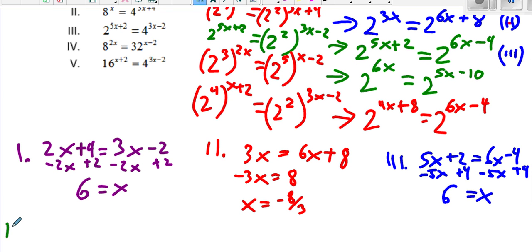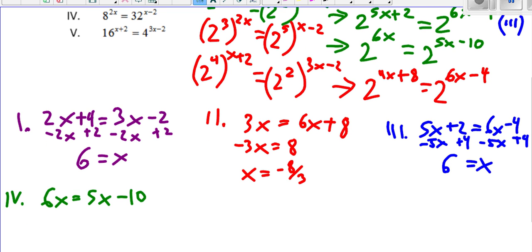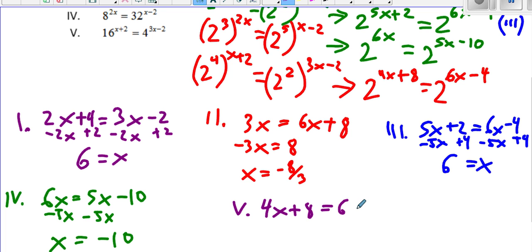And another one, number 4. You keep the 6x equals 5x minus 10. Cancel the bases. Solve that out, so minus 5x. You get x equals negative 10. And then our last one, equation 5. Cancel out your bases, you get 4x plus 8 equals 6x minus 4.